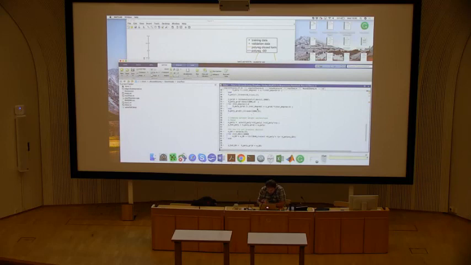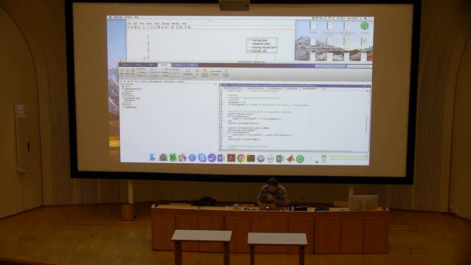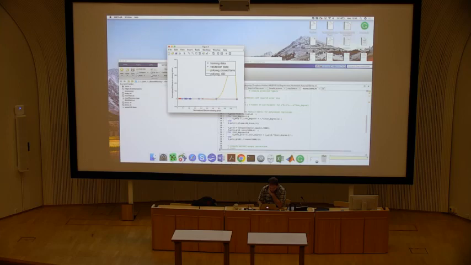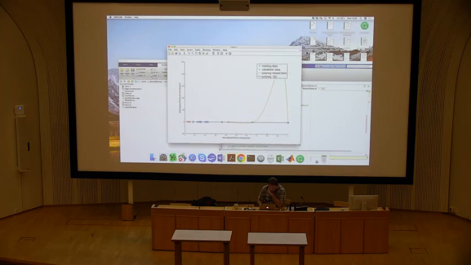Let's try out a very large degree, like 12. The blue curve again is the output of the closed form solution, and we see it kind of explodes. No data point is anywhere as far on the y-axis as this closed form solution.